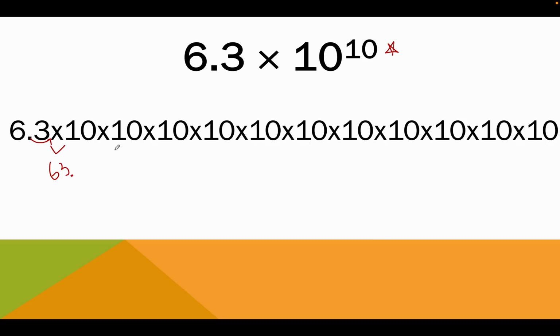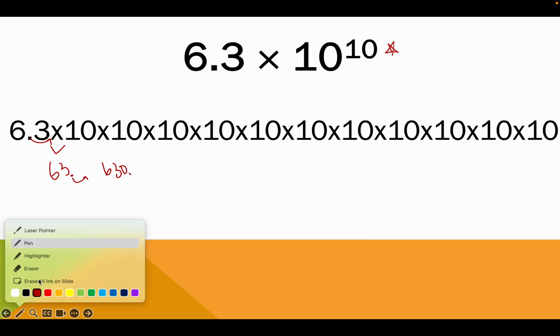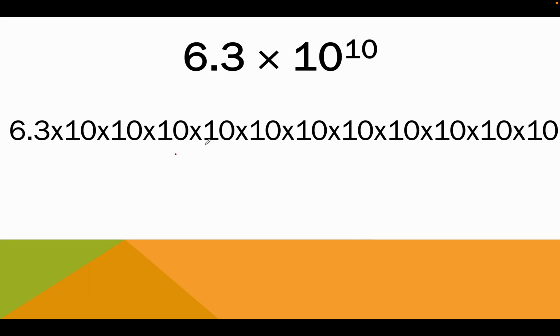When I multiply it by 10 again, it will become 630, which again took that decimal and moved it to the right another space. If I know that, then I can skip this step of multiplying by 10 over and over and over again and move the decimal 10 spaces to the right. That would look like this.